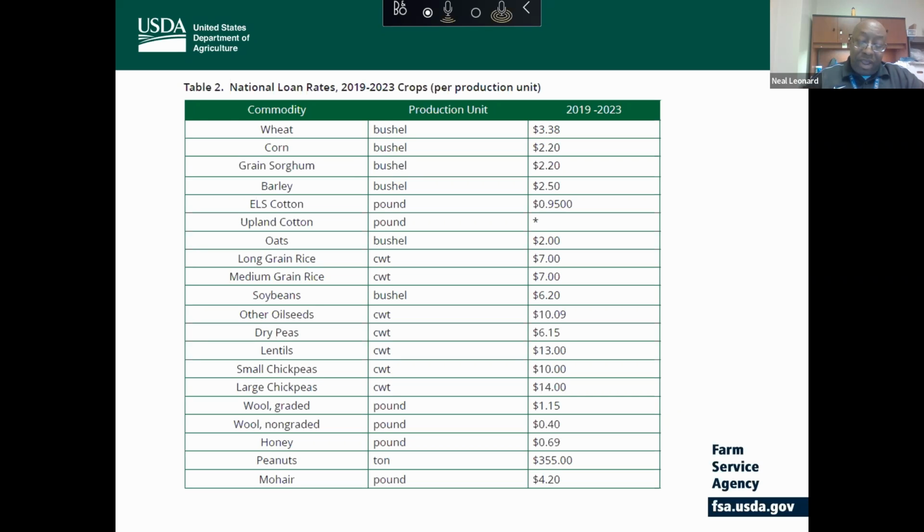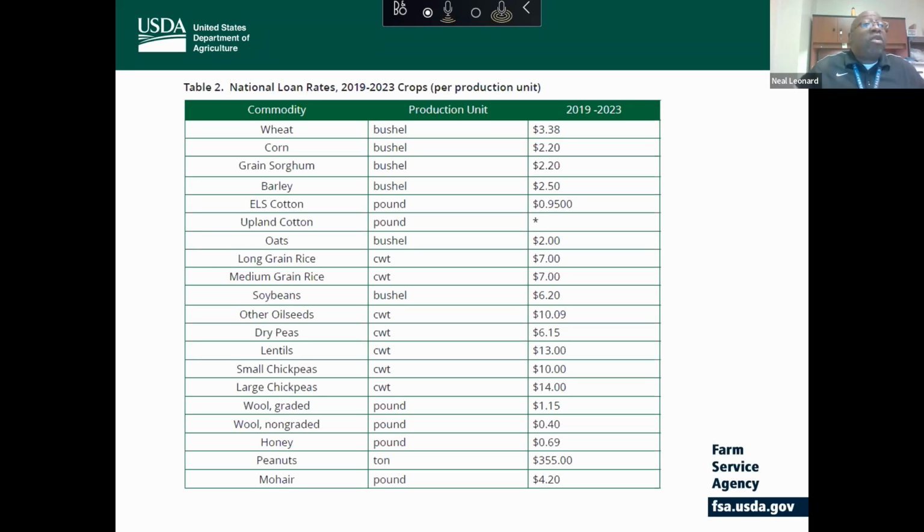An LDP is the difference the producer would have received if a loan was repaid at the lower market price, a direct benefit that does not need to be repaid. MAL repayment and LDP provisions are intended to minimize potential delivery, storage, and related costs of agricultural commodities to CCC.